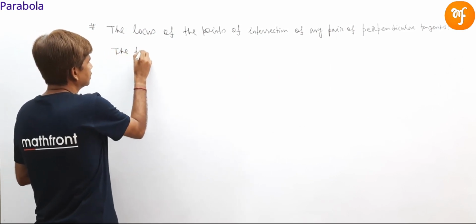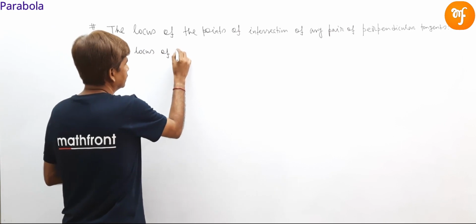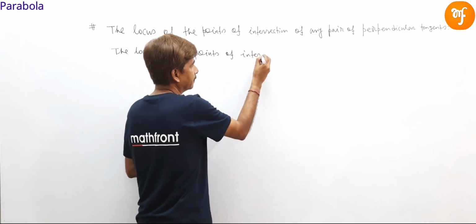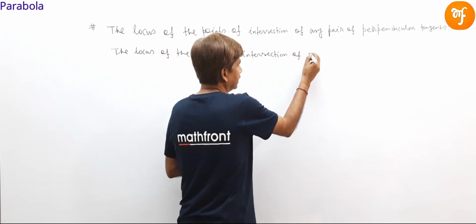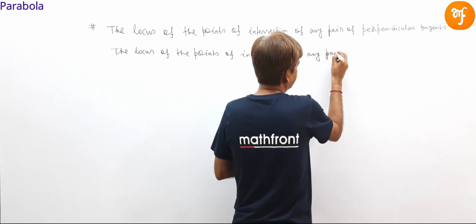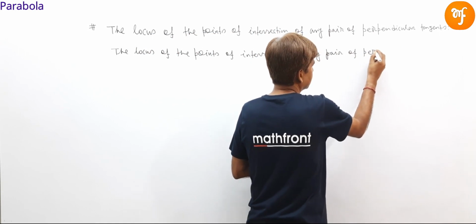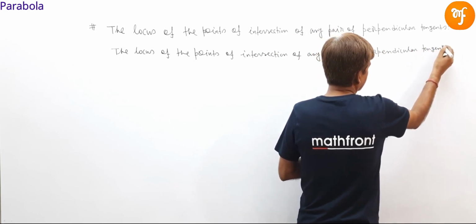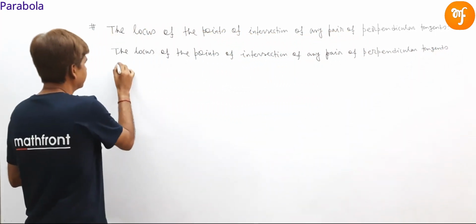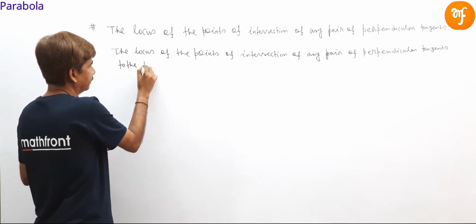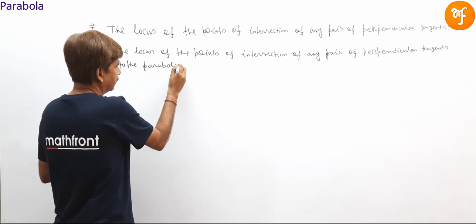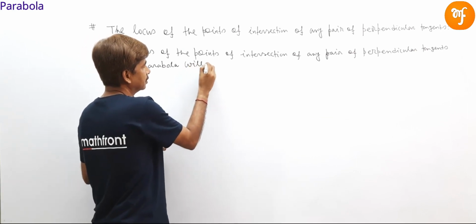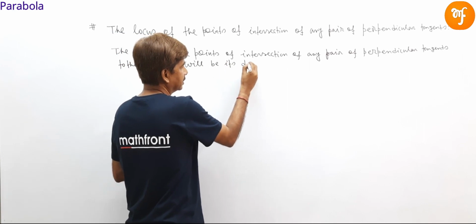The locus of the points of intersection of any pair of perpendicular tangents to the parabola will be its directrix.